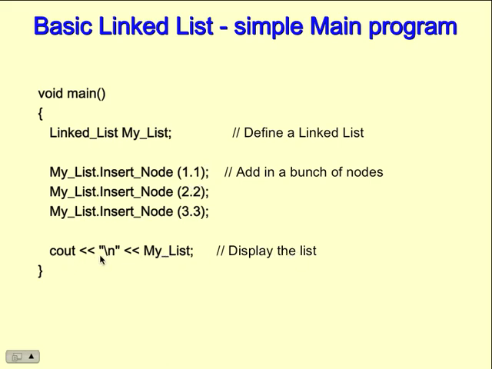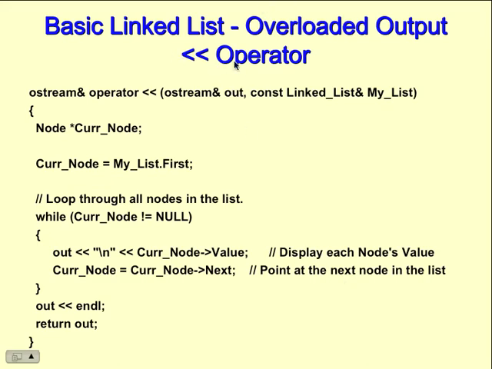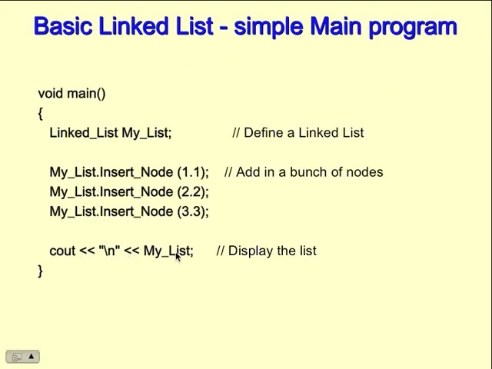This is the overloaded operator that displays it. When we overloaded the output operator, what we've done is we've said to display each node's value and then point to the next node, to essentially give us the ability to traverse through the list and follow the links. So that's giving us the ability to print out my list because we've changed the functionality. When we overload an operator, it means we're changing the functionality.